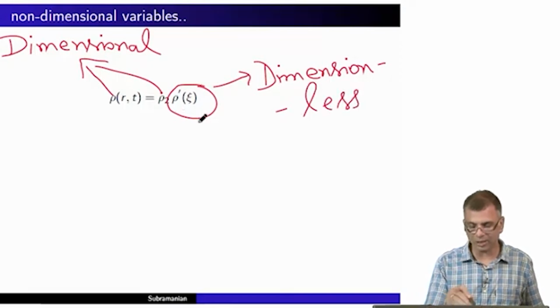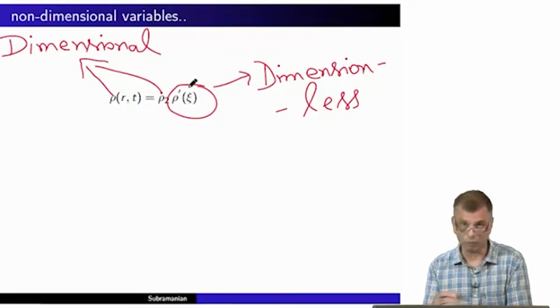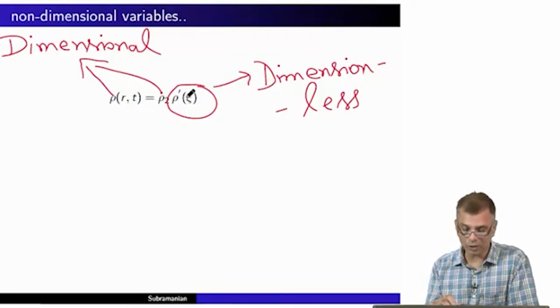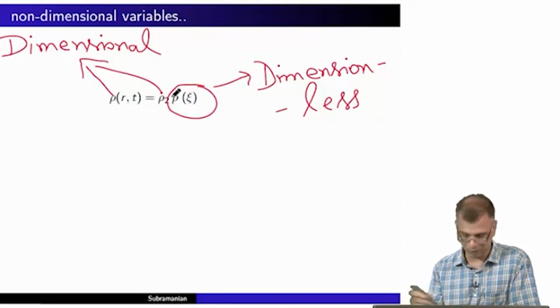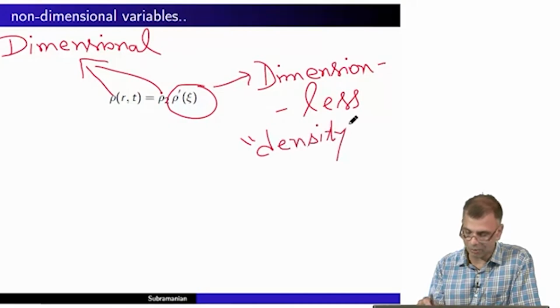This is dimensionless density. Wherever you see a prime, when it's a function of the dimensionless distance psi, it is a dimensionless quantity, and simply from the symbol you should figure out it's a dimensionless version of what. In this case, it's a dimensionless "density". I put this in quotes because no density is really dimensionless.